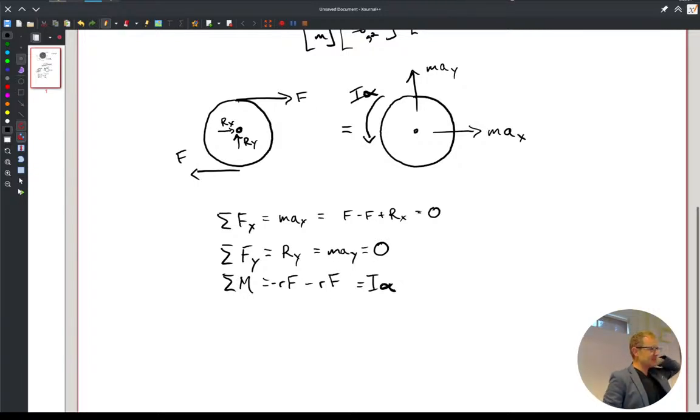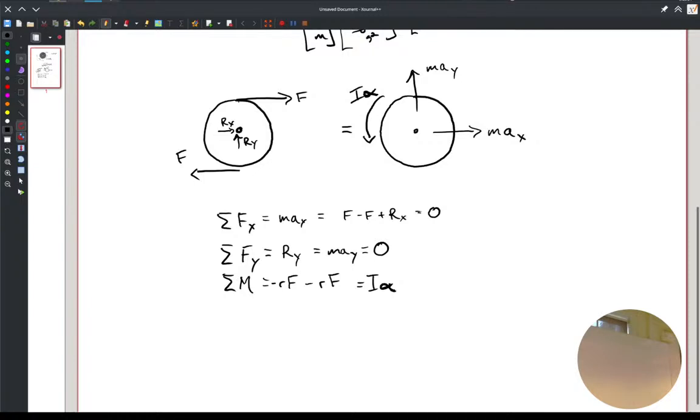So I have, so far, minus RF, because this top force is at radius R, and if you use the right hand rule to describe positive, it's creating a negative torque into the page.